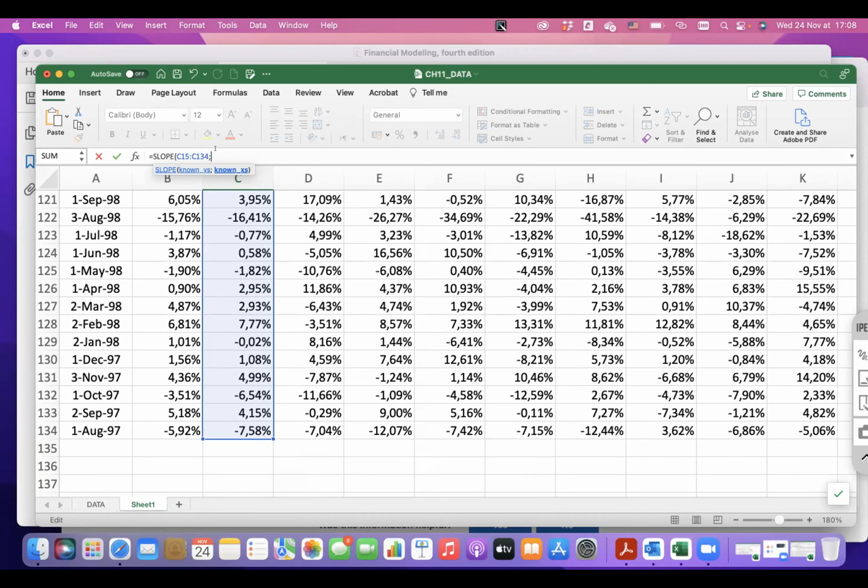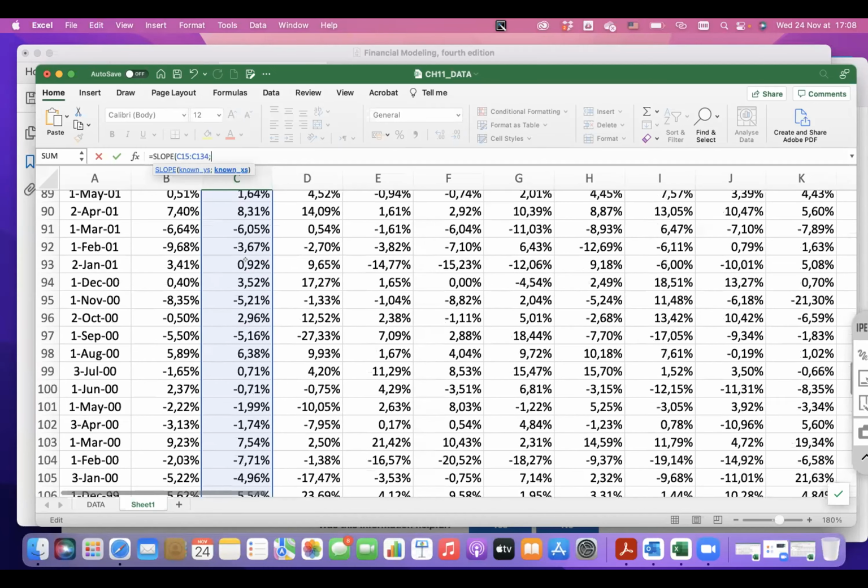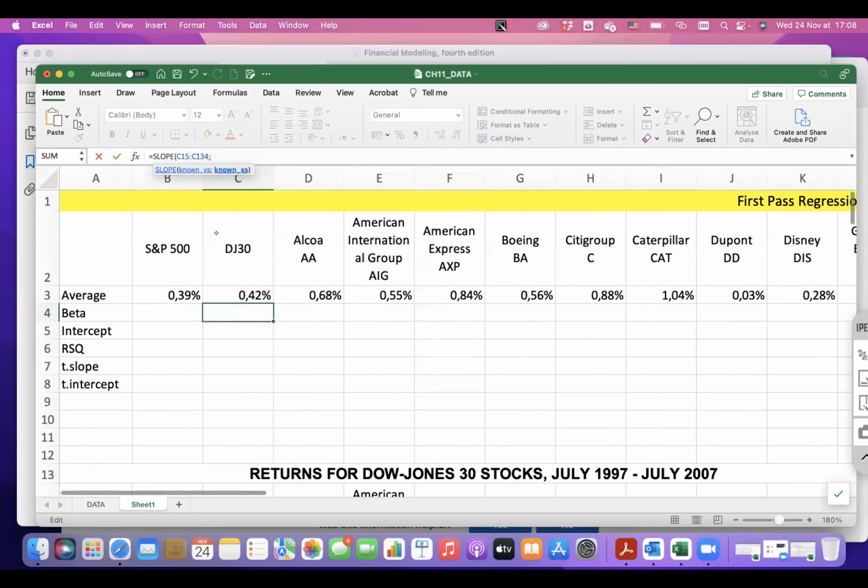Now the independent variable, the one that will influence the dependent variable, is the S&P 500 returns, right? And since the S&P 500 is fixed the same for Dow Jones, Alcoa, AIG, AXP, Boeing, Citigroup, Caterpillar, DuPont, and so on, we should fix the X variable.